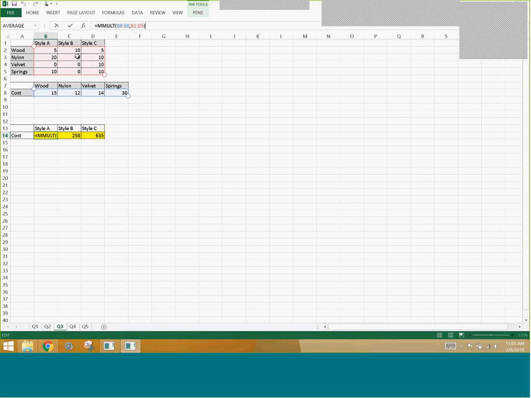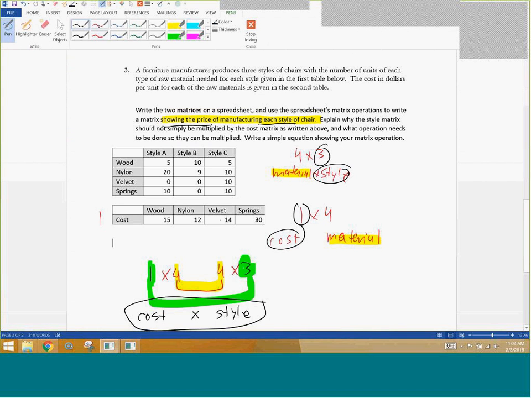This blue one is multiplied by the red one. Let's say I accidentally multiplied this one first with this one second. What would be wrong with that? Well, we were doing a 4 by 1 with a 1 by 4, and that will not be able to work.